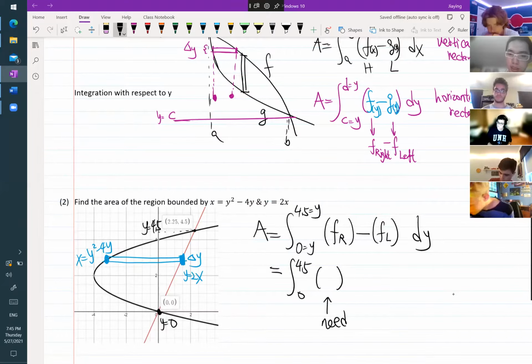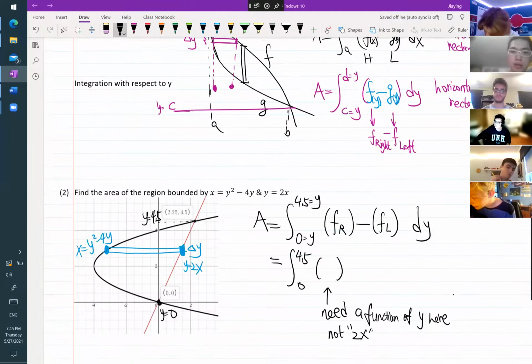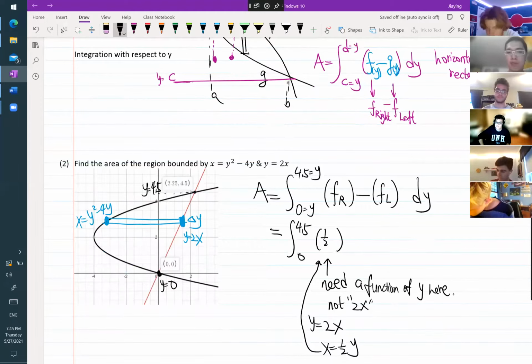Need a function of y, not 2x. So how do we find the function of y? Well, we have y equals 2x. So that means we can solve for x. So x equals 1/2 y. So that's what we're going to use, 1/2 y.